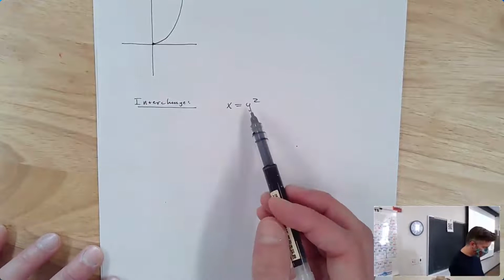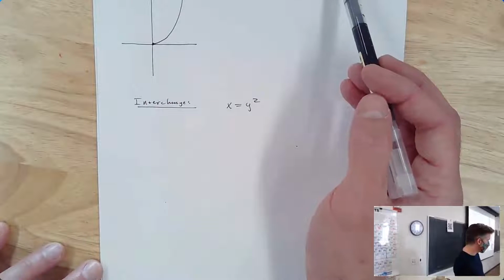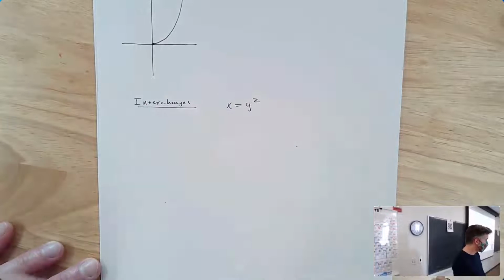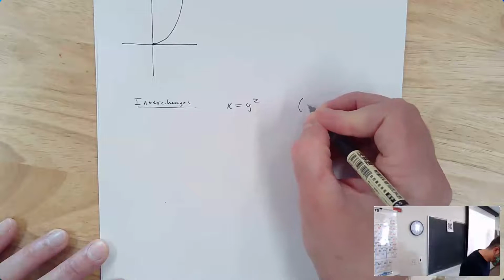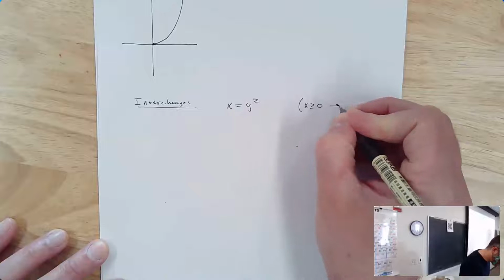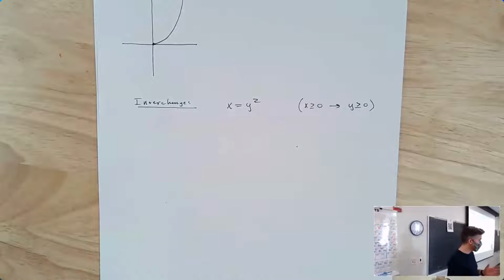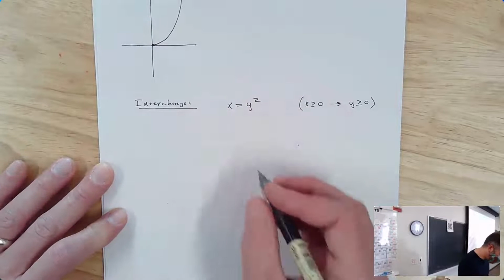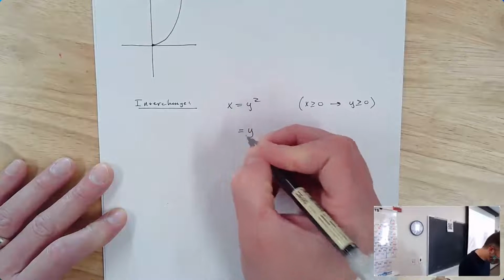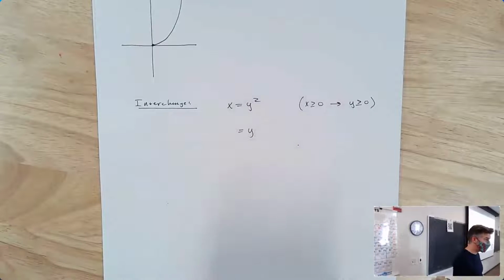So if we interchange x and y, now I've interchanged x and y. I said before that x had to be greater than or equal to 0, but now I'm changing their roles. So now x greater than or equal to 0 means that y is going to have to be greater than or equal to 0, because we've interchanged who's who. And so when I solve for y now, if I was taking the square root of both sides, I'd really have a plus or minus the square root of x.